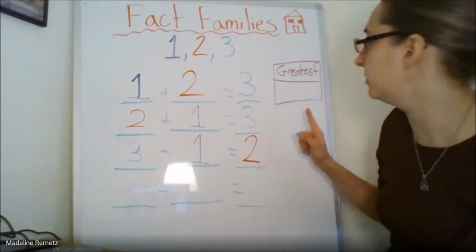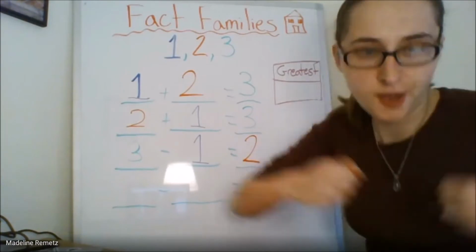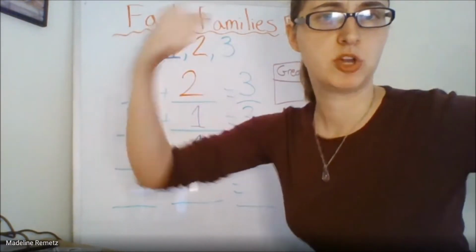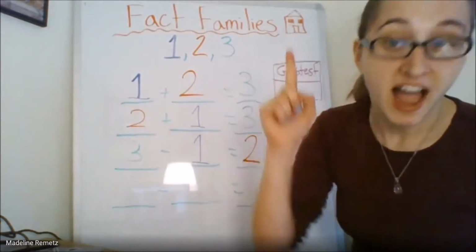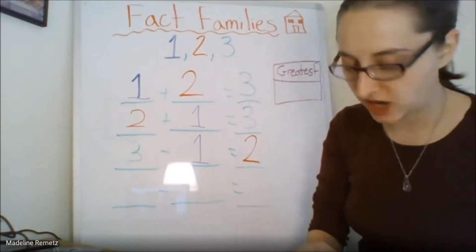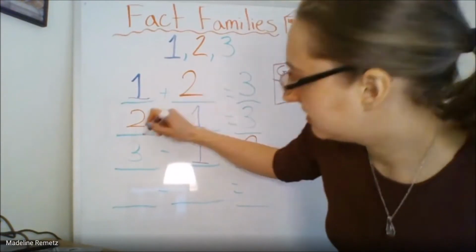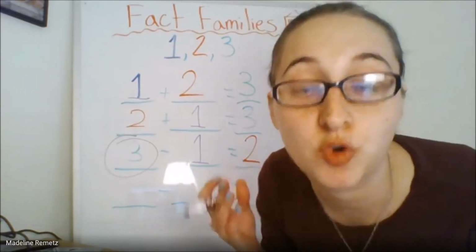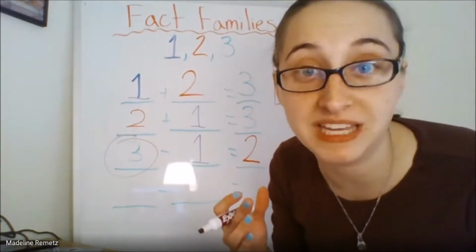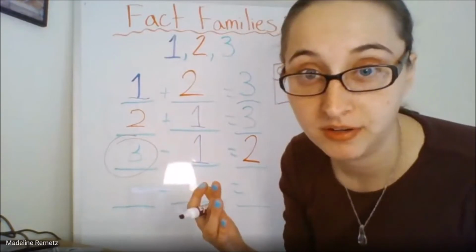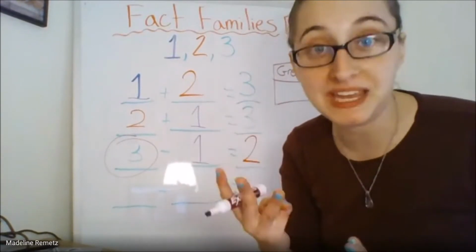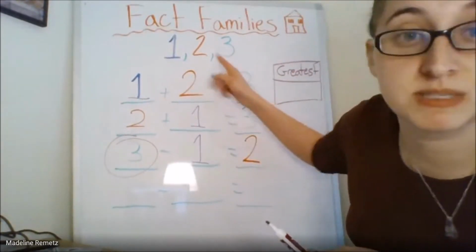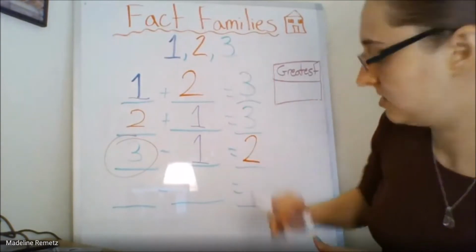Okay, for those of you who can't see this, it says greatest. Greatest means highest. So, Howdy found the greatest number. The greatest number in a fact family is the biggest number. So it must be 3, because 3 comes the latest on the number line.